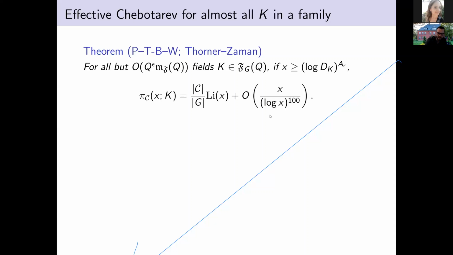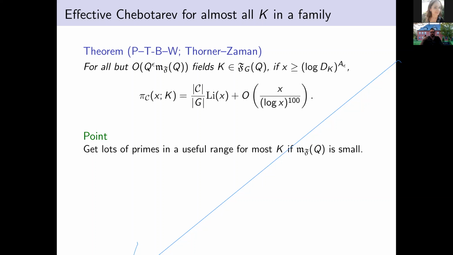You're going to get the Chebotarev density theorem you want outside of this exception set. So this is fantastic. You get lots of primes in a really useful range for most K. But that assertion that you get most K assumes that this intersection multiplicity is something we can understand. We need to assume that this intersection multiplicity is small.